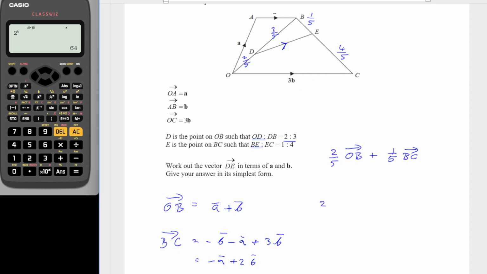So I'm looking at 2/5 of a plus b plus 1/5 of minus a plus 2b. So I've got 2/5 minus 1/5, so that's going to be 1/5 of a plus 2/5 of b.